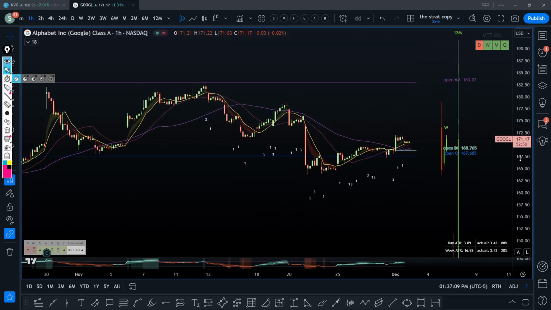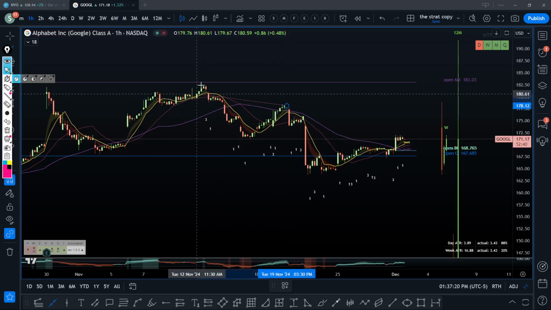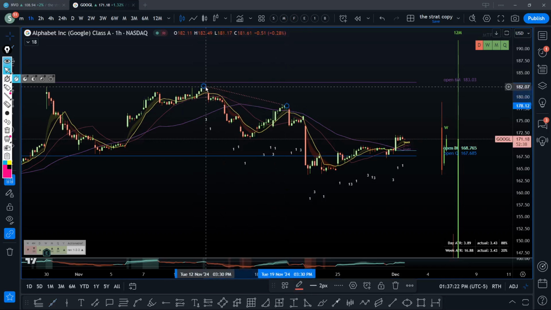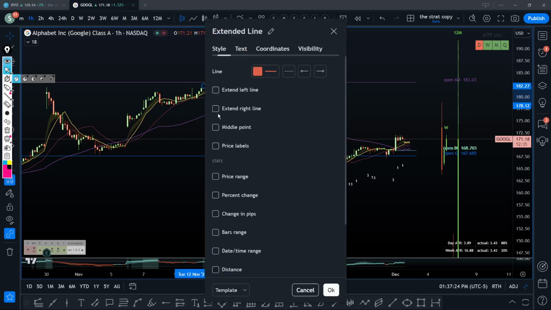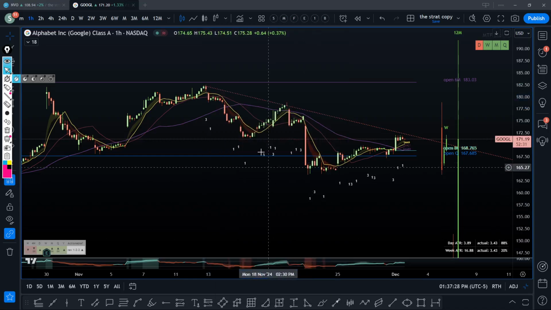Looking here on the week, I would like for it to break above this. I mean, I'm sorry, on the hour. So we got this level, and then let's just extend this to that.